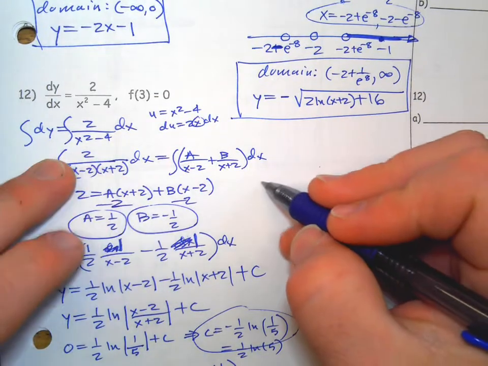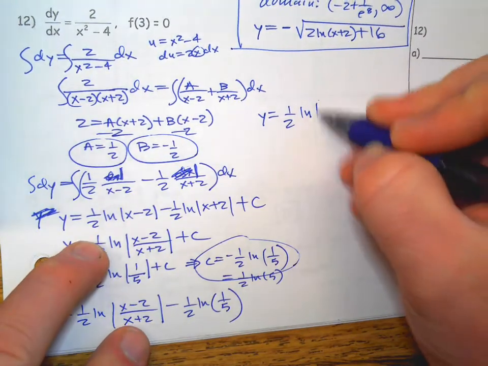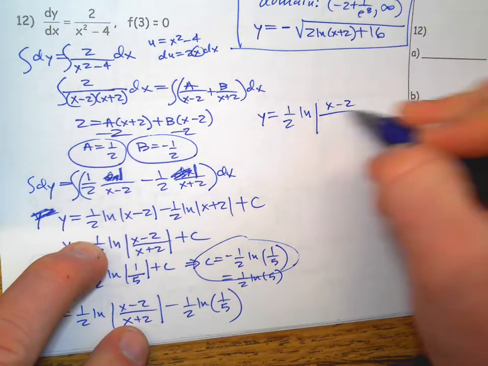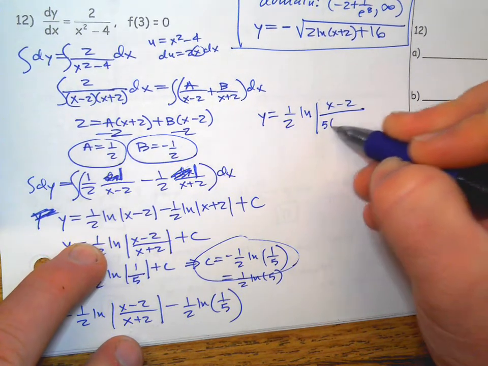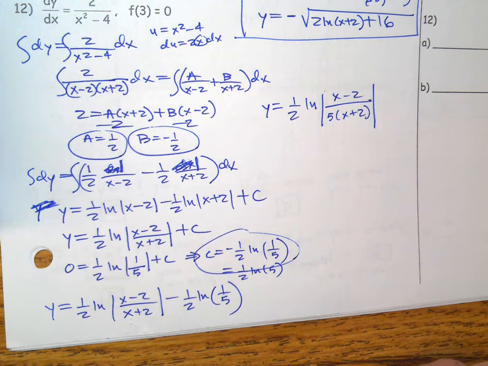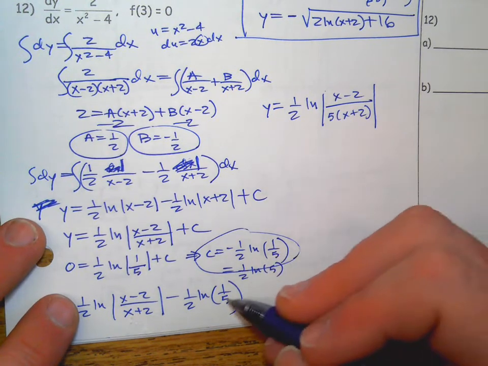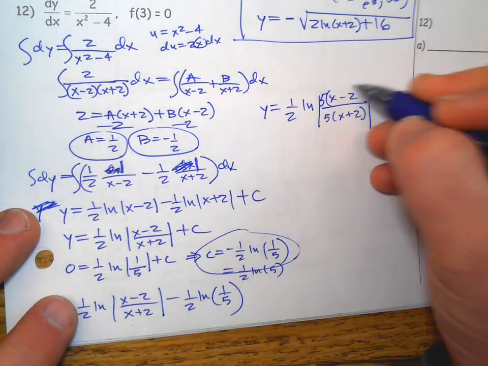So y equals 1/2 natural log of the absolute value of 5(x minus 2) over x plus 2. Right, so that's a little better. Well, hold on. You divide by 1/5, so it ends up on the top.